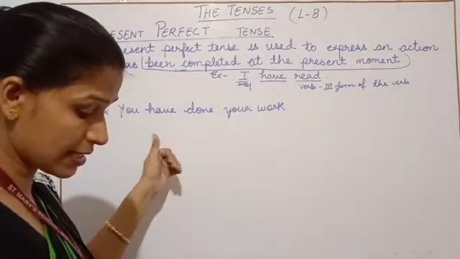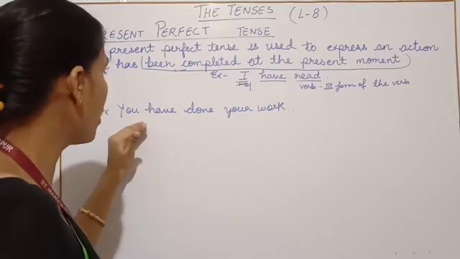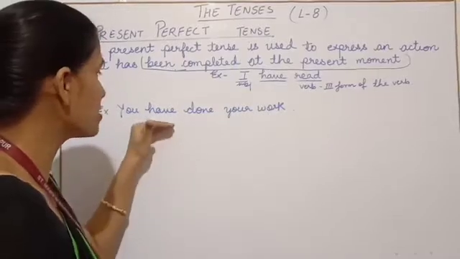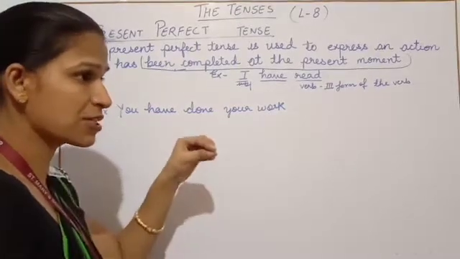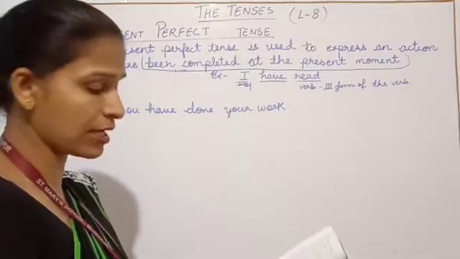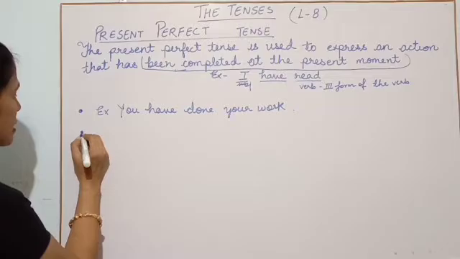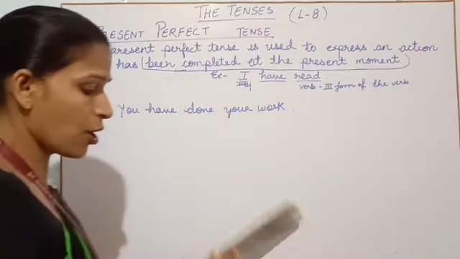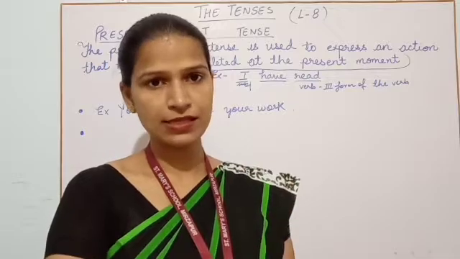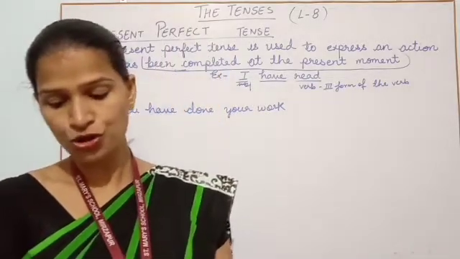It can be said as just now I have finished this work. When you have these sort of sentences, you can make out that this work is finished just before I am informing you about this, that action is over. Now, your second point says that we use words like just, recently, yet, by now, today.